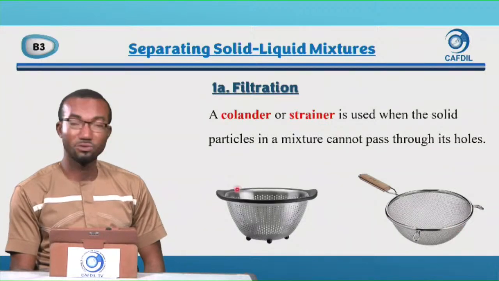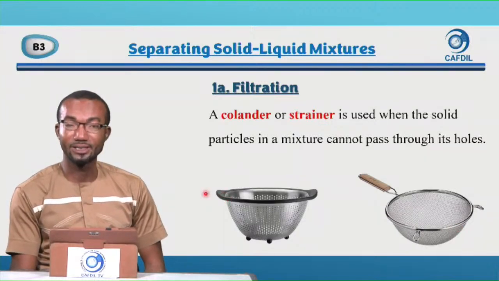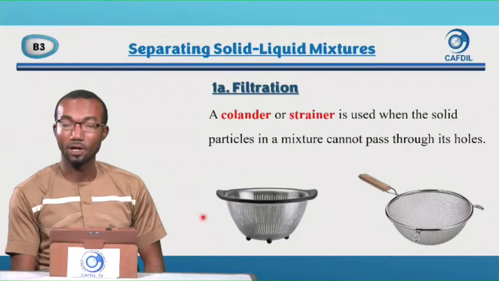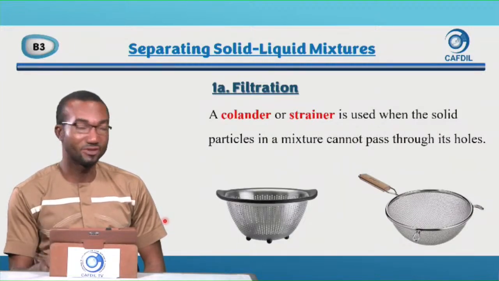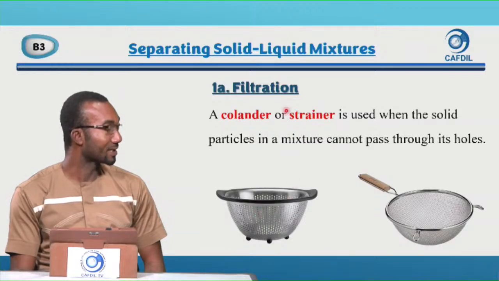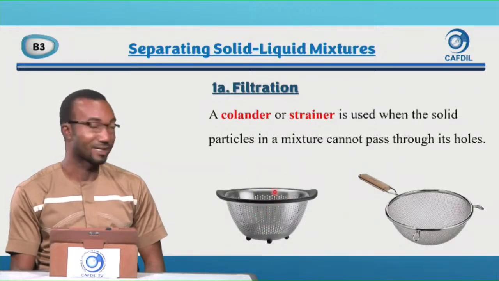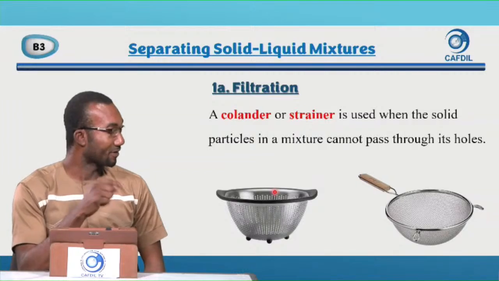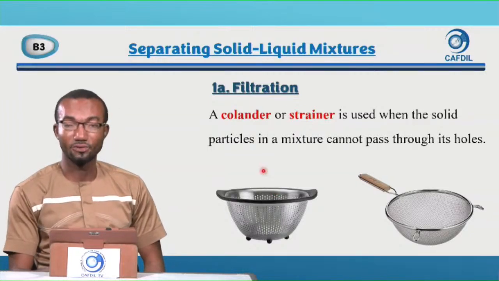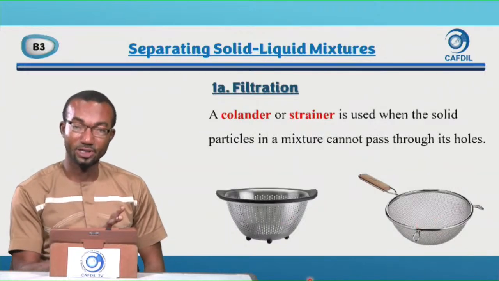If they can pass through it, then it is better to use the filter paper or the cotton cloth, because the holes are tiny, you can't even see them. But if the particles are large enough that I am sure they can never pass through the holes of the colander, then this is the best filter to use to separate that solid-liquid mixture.